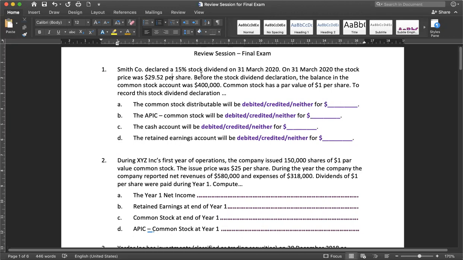Before the stock dividend declaration, the balance in the common stock account was $400,000. Common stock has a par value of $1 per share. So to record this stock dividend declaration, we're going to go through these 4 items here.